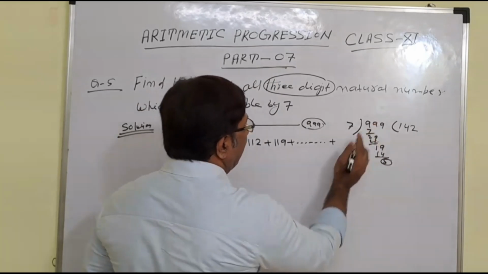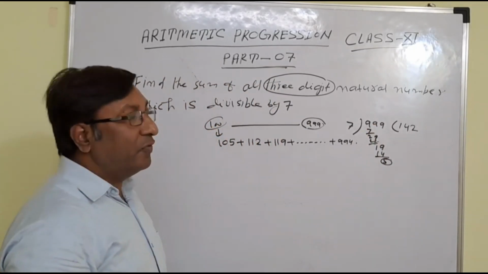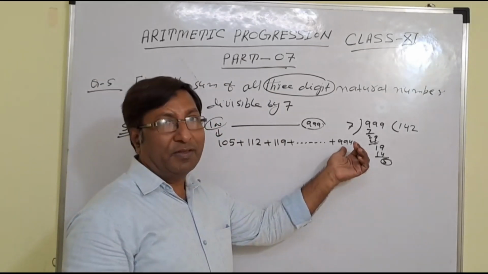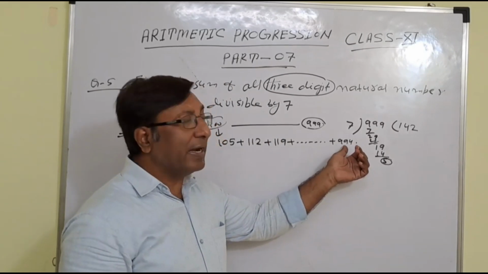So if you subtract the 5, you will get what? 994. So the last number which is divisible by 7, the greatest number of 3 digits which is divisible by 7, was 994.